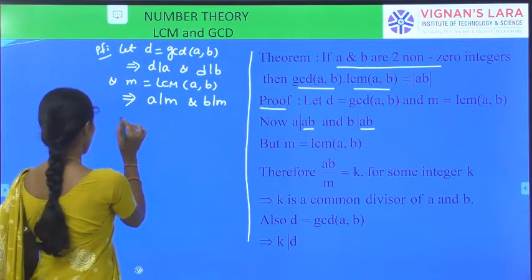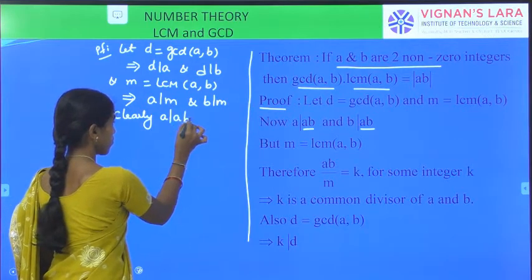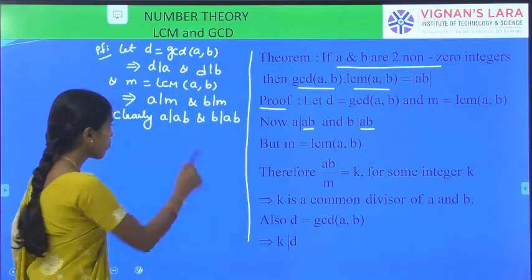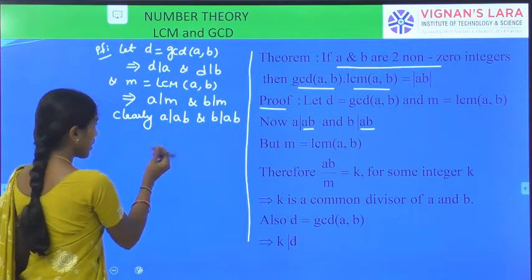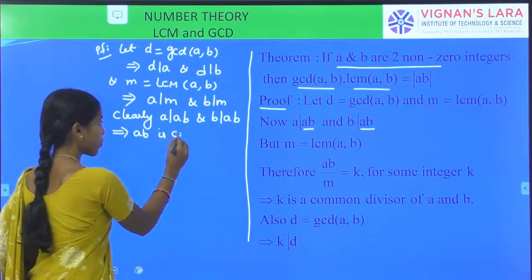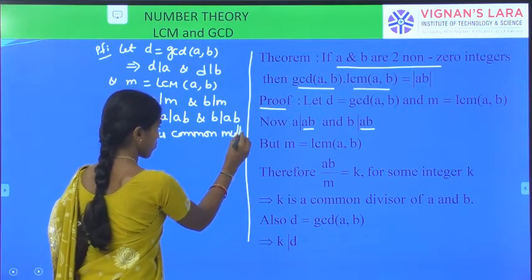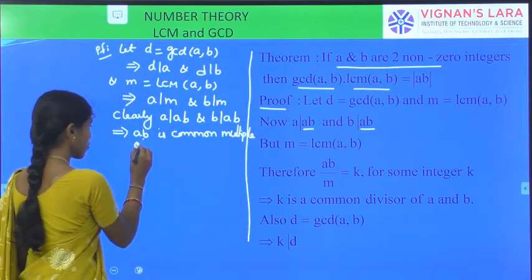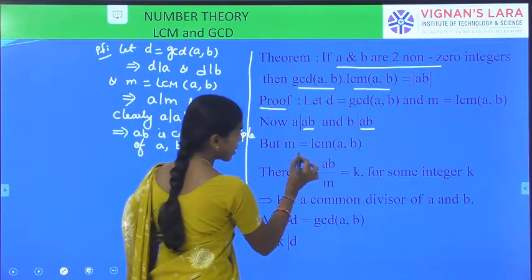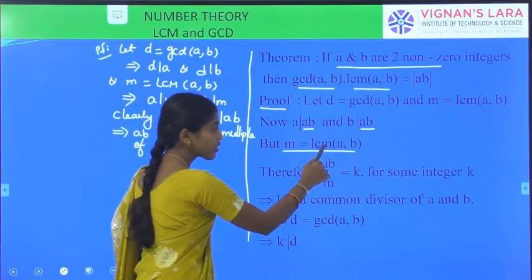So we can write clearly that A divides AB and B divides AB, right? Then what is the meaning of this? AB is a common multiple of A comma B. But we know that M is the LCM of A comma B. That means M is the least common multiple.